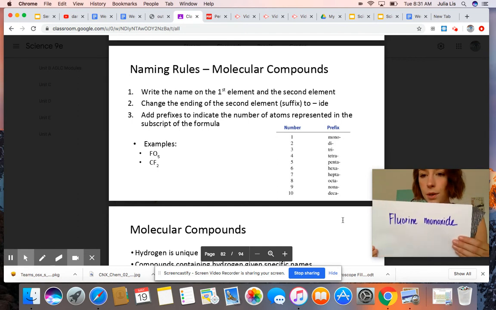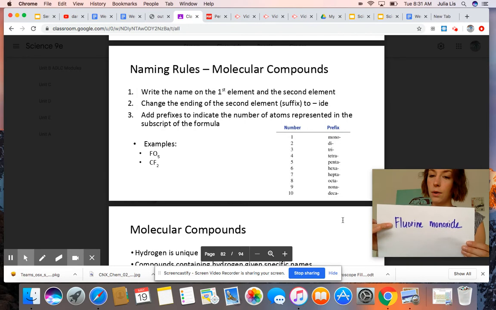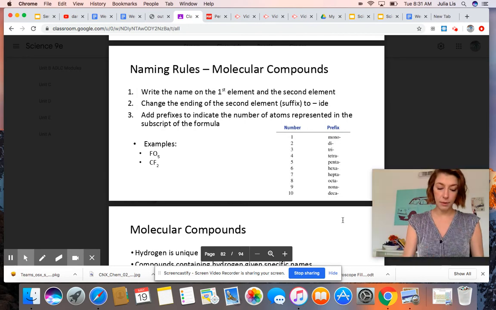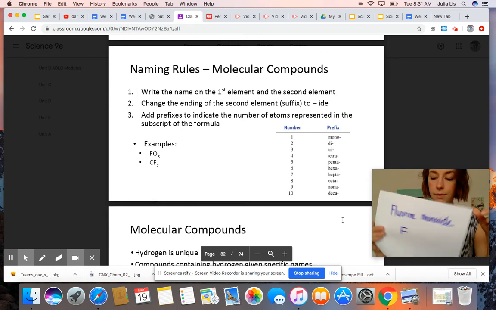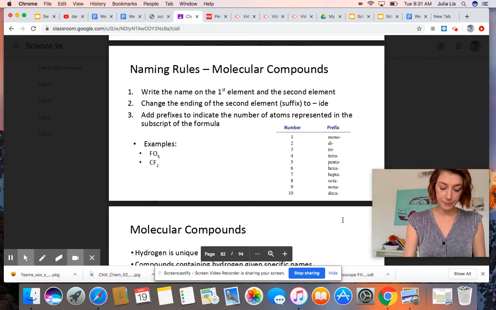And I wanted you to write the formula for this. You notice that there's nothing in front of fluorine, so you're just gonna write the symbol, F. And you're gonna look at the prefix here, mono. So that means one. In oxide, you'll find it's oxygen. So it's just FO.